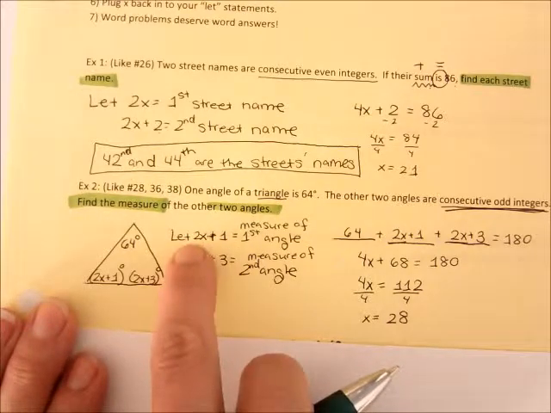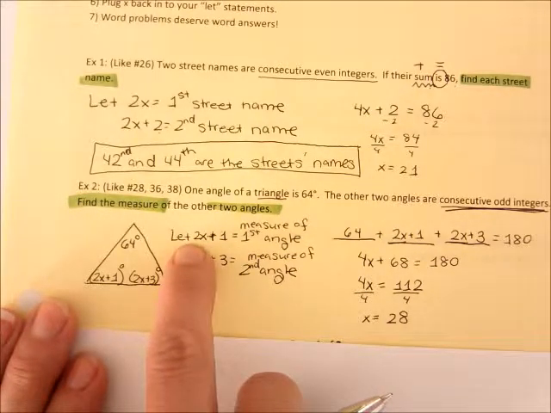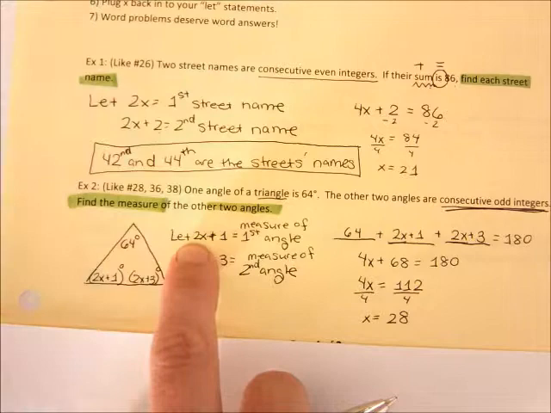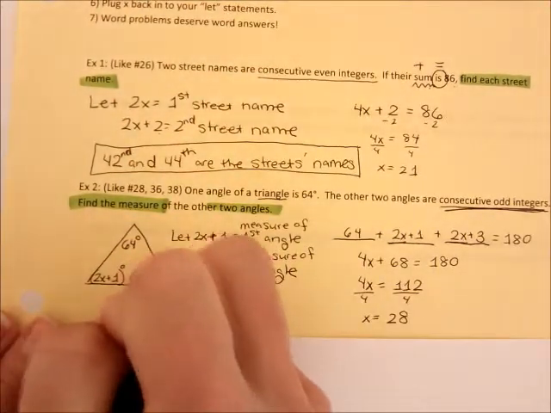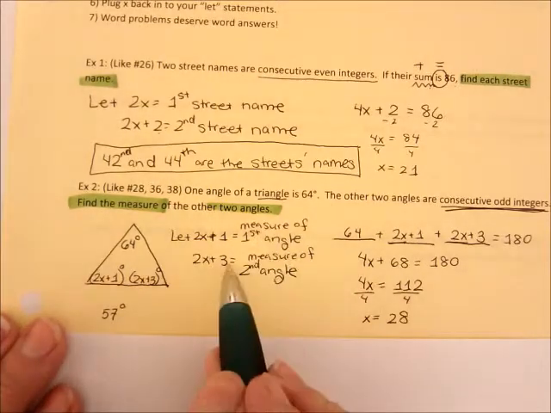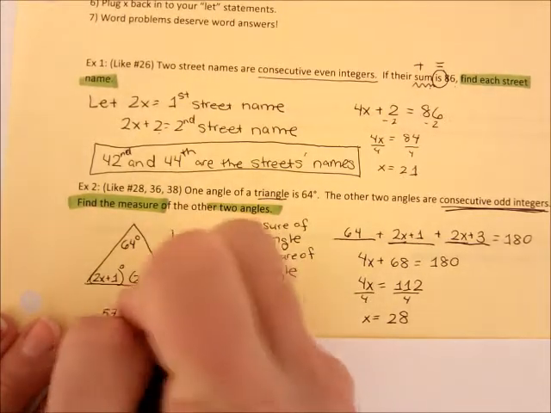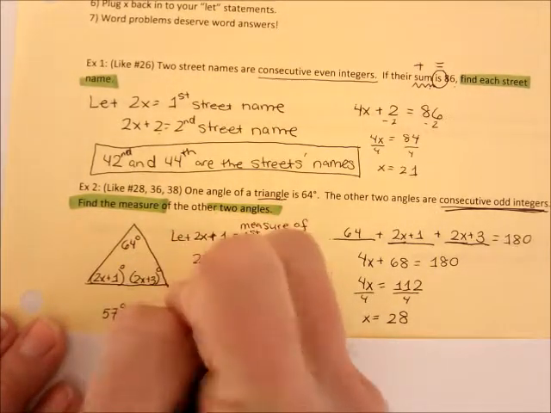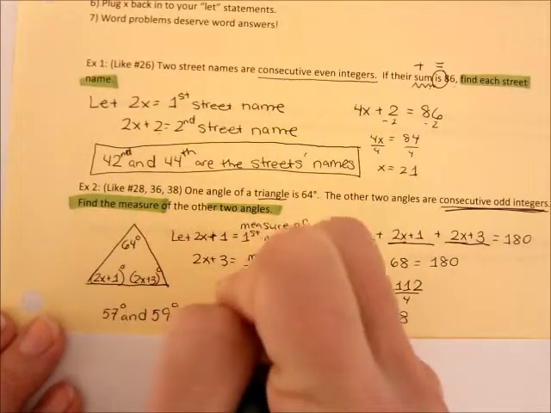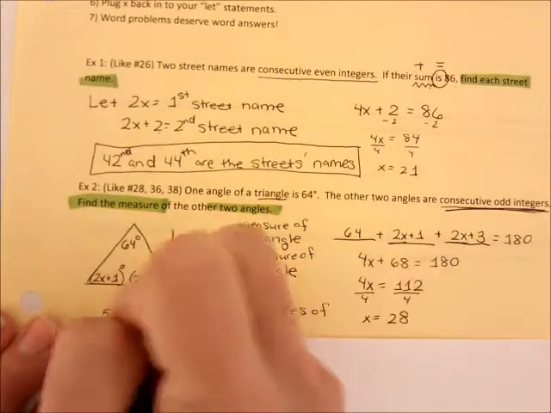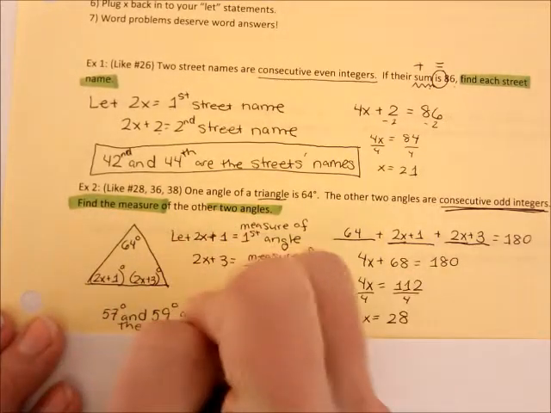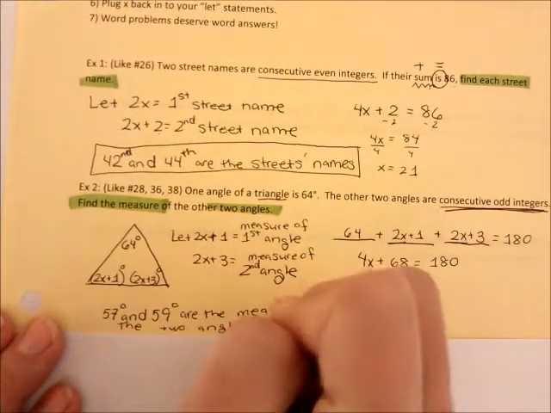What's double of x? 56 plus 1? Okay, so 57 degrees. And give me the next consecutive. Add 2 more. And 59 degrees are the measures of the 2 angles. Great.